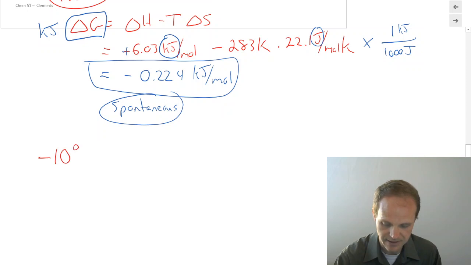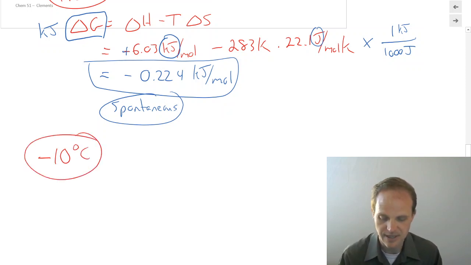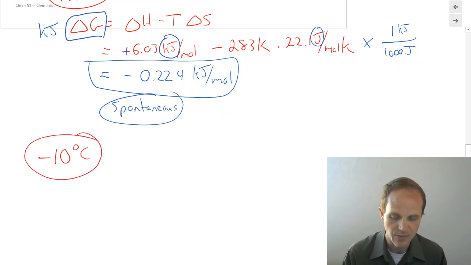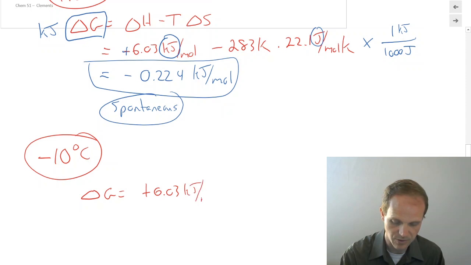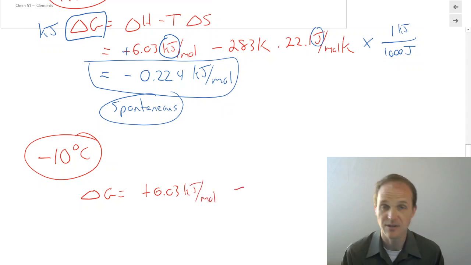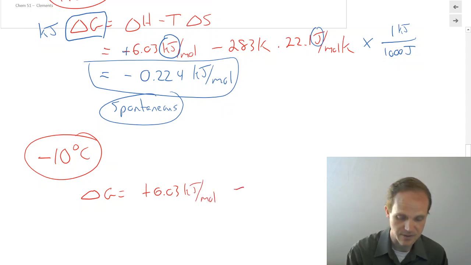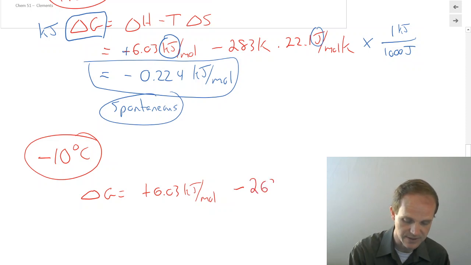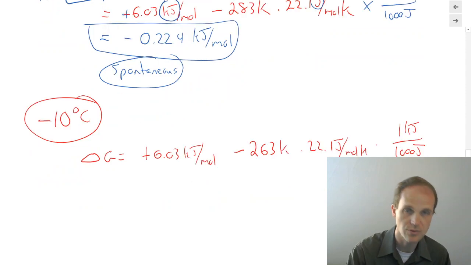Let's check it out at minus 10 degrees Celsius. What's going to happen at minus 10 degrees Celsius? Well, everything else is going to be the same. I'm going to get my delta G is equal to positive 6.03 kilojoules per mole minus, the only thing that's going to be different here is my temperature. Instead of 283, it's going to be 263 Kelvin times 22.1 joules per mole Kelvin times 1 kilojoule over 1,000 joules.